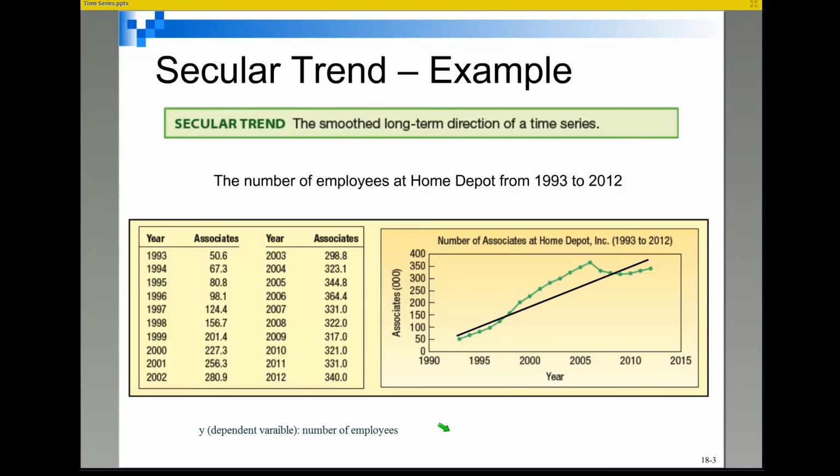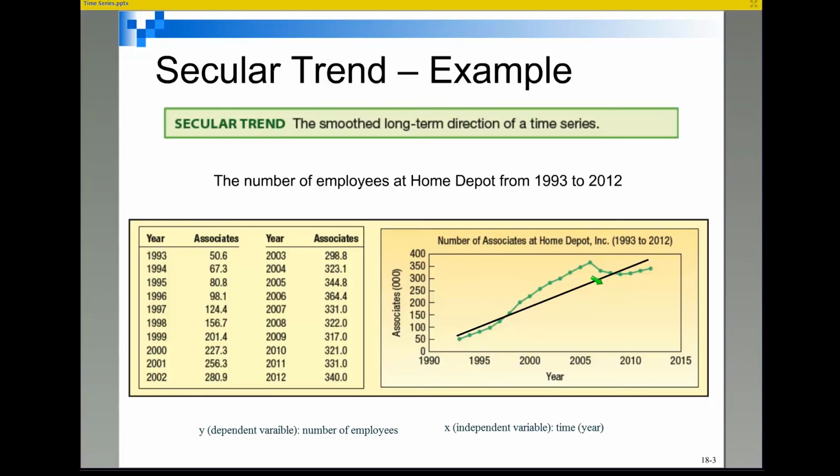And for that simple linear regression, the x, which is the independent variable, will be time, and here the time will be year.